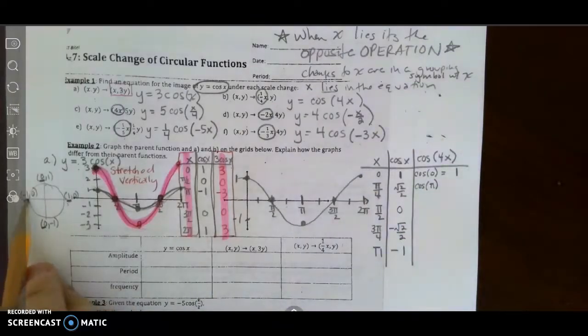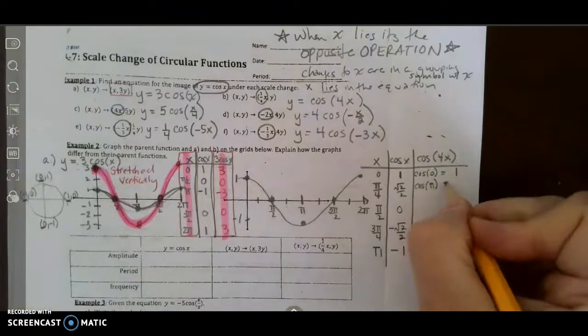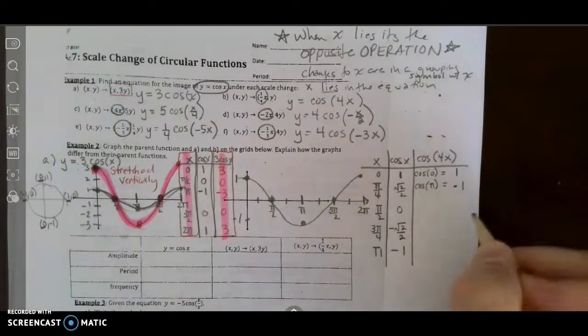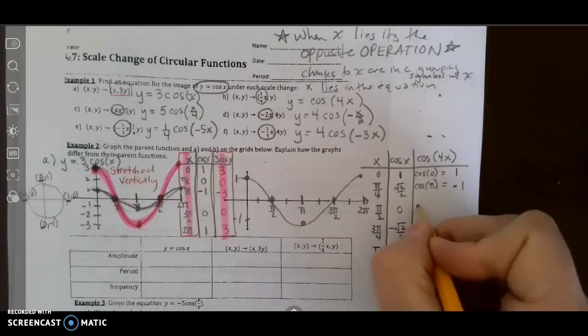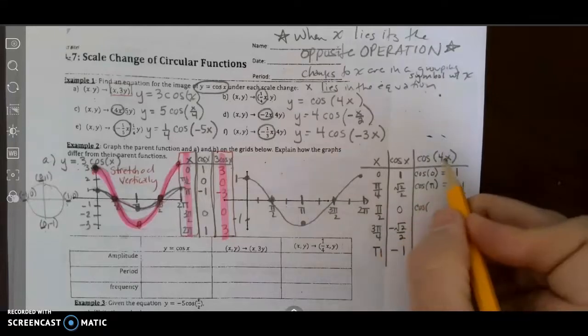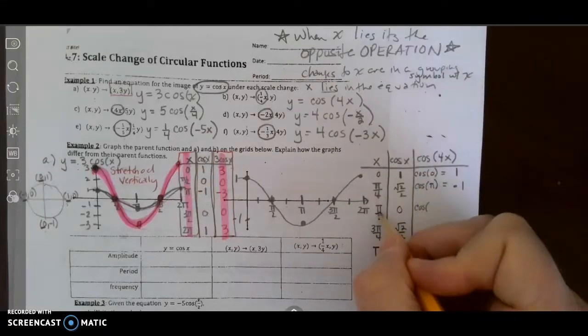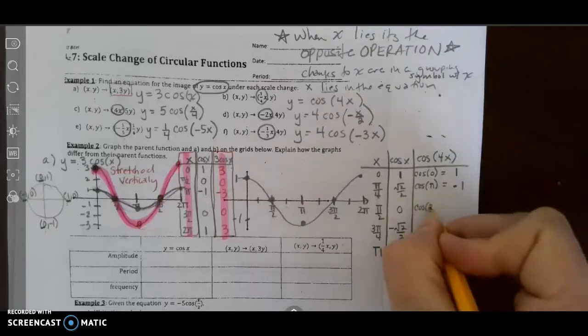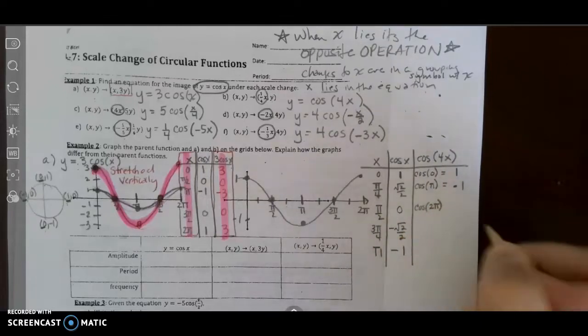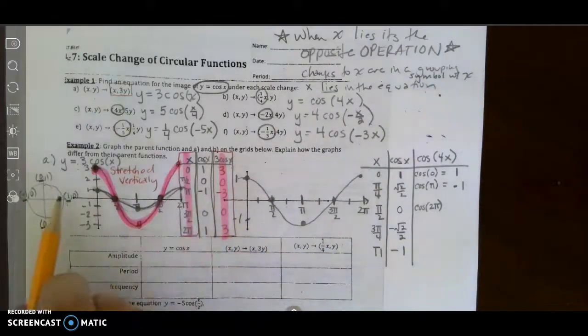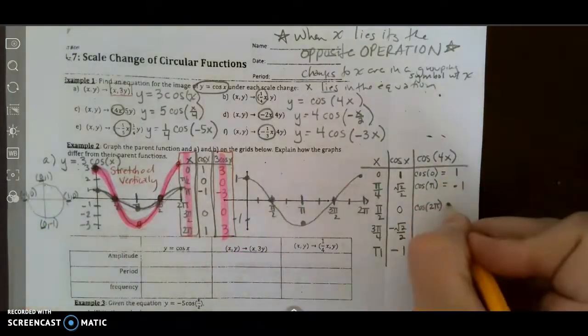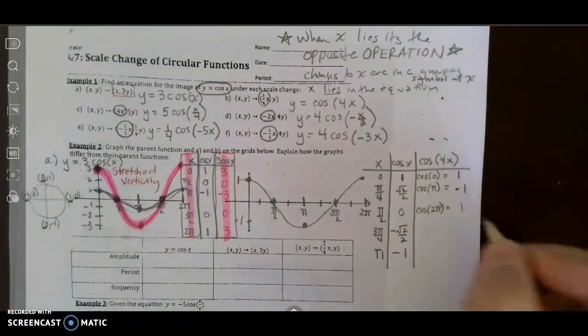Look over here, the cosine of pi is -1. Then here I'm taking a cosine of 4 times pi over 2, which is 4 pi over 2, or 2 pi. Well, at 2 pi, I'm right back here, so I'm at 1.